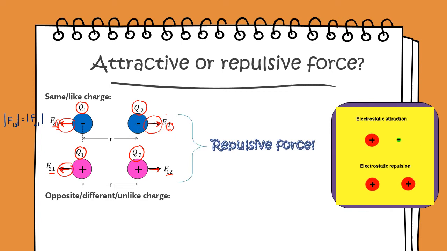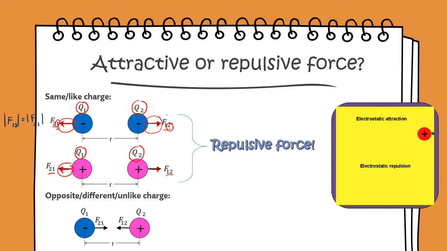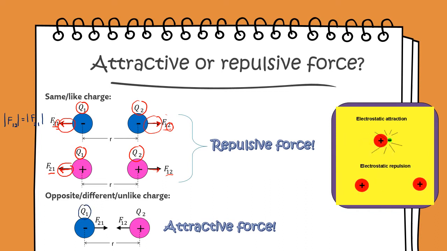That means one is a positive charge and another one is a negative charge. If the charges are positive and negative, the electrostatic force produced is an attractive force. It means that on charge Q1, the direction of electrostatic force is to the right, while on charge Q2, the direction of force is to the left. So we label it as F21, which means F of 2 on 1.